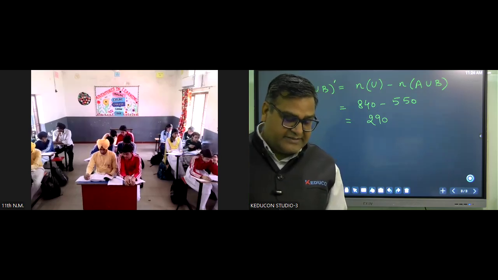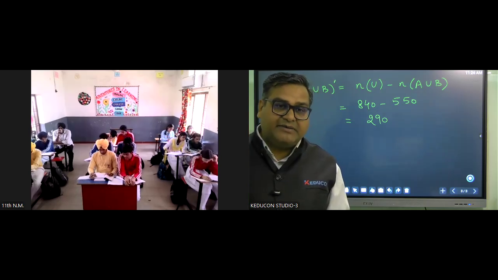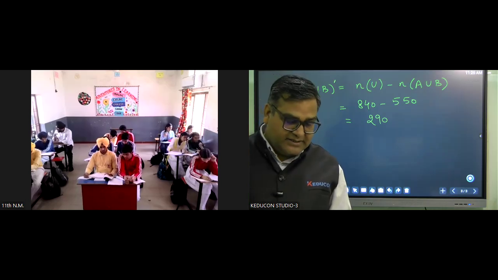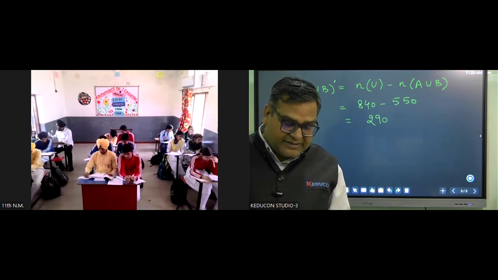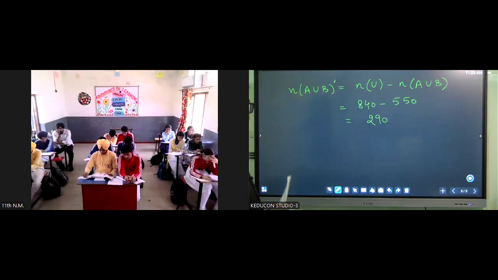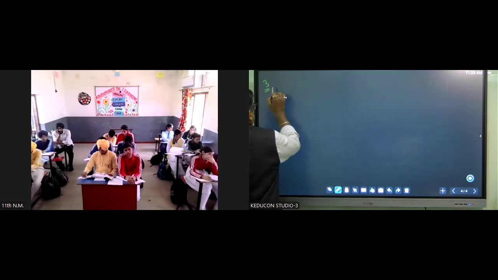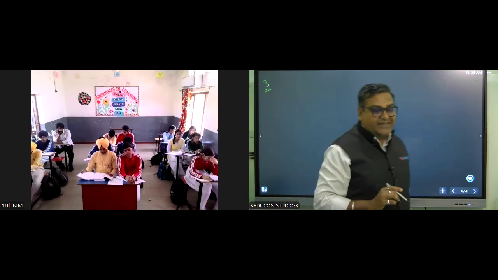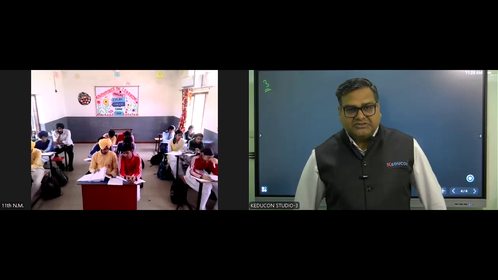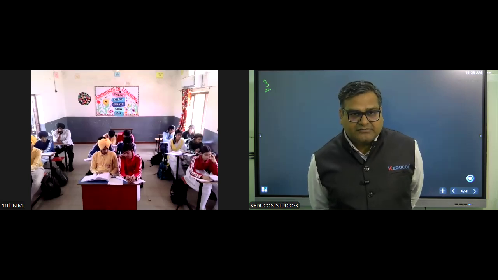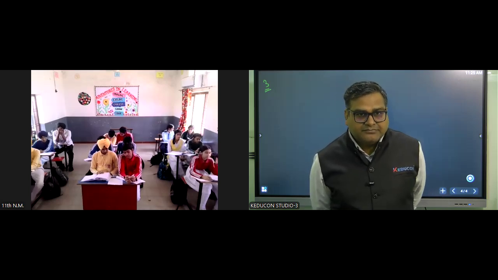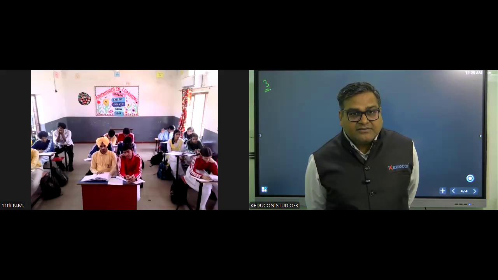Two finite sets have m and n elements. Right? The number of subsets of the first set is 112, more than that of the second. Students, how many subsets are there of a set? क्या फार्मूला आता है बच्चों इसके लिए? 2 raised to power n.